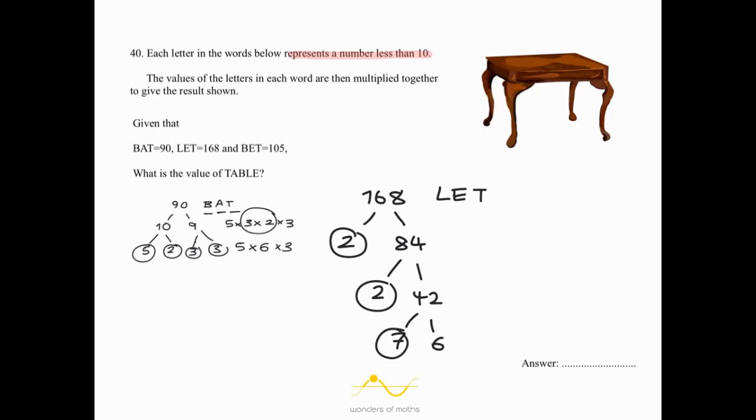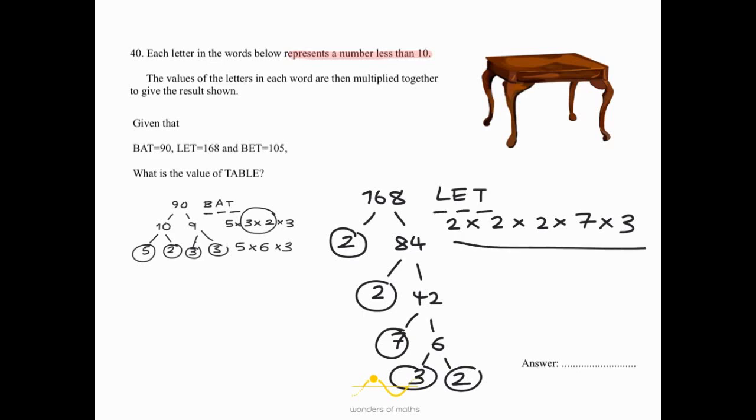And we can do 3 and 2, both of which are prime. Let's list our prime factors. 2 times 2 times 2 times 7 times 3 gives us 168. Again, we have multiple numbers but only 3 letters, so we can multiply the 2's together to give us 8. And this way we only have 3 factors.